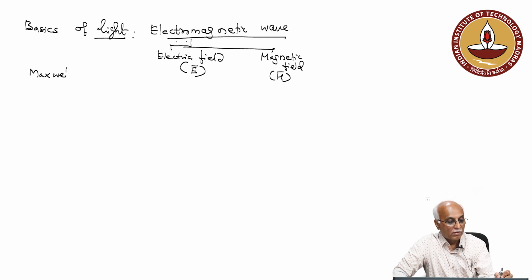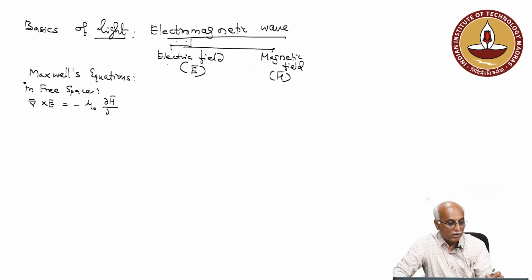And the Maxwell's equations which were used in order to describe this electromagnetic wave are, for example, if we consider the electric field and magnetic field vectors in free space, then first, del cross E bar is minus mu 0 dH by dt.